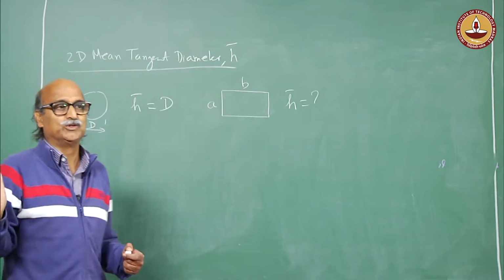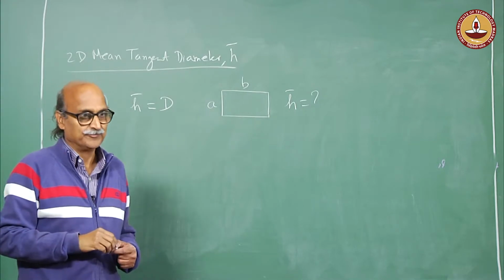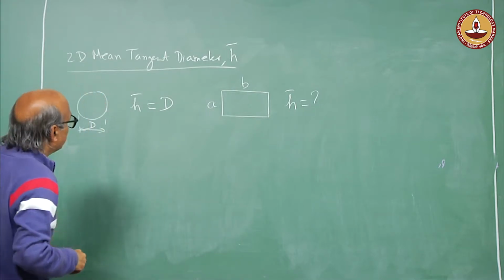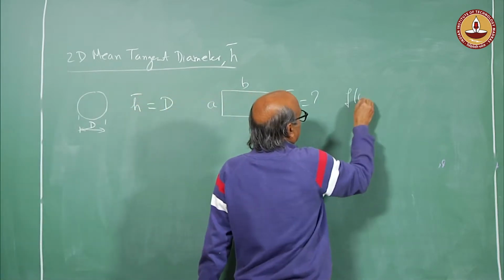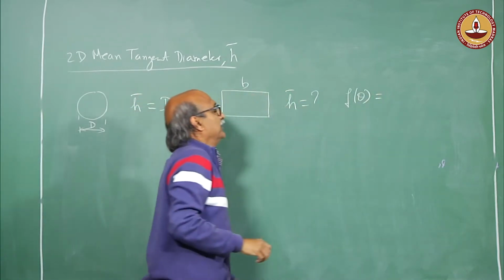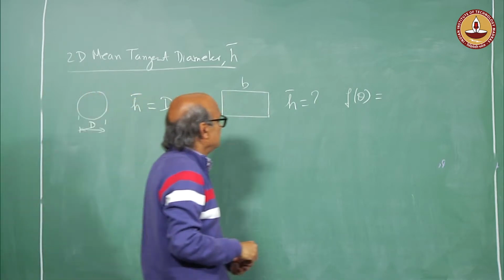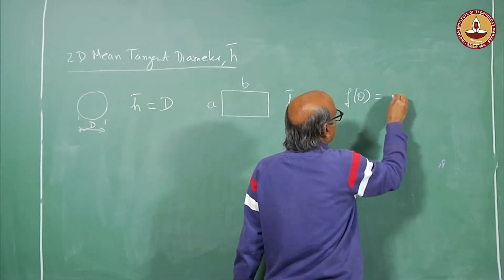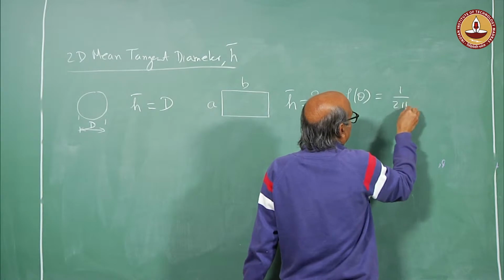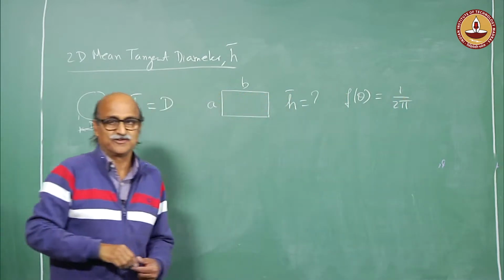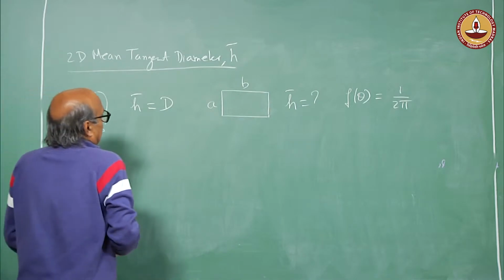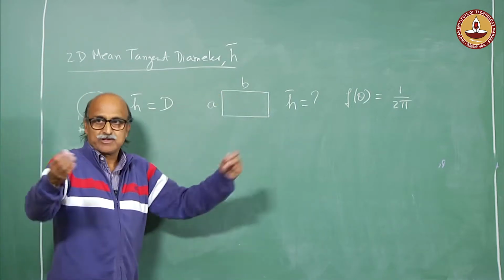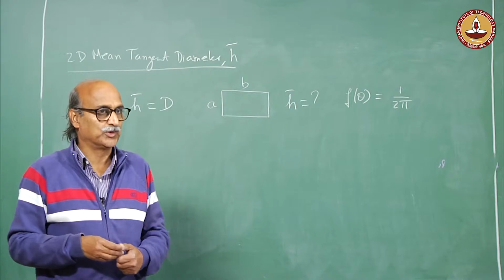Here we will have to do that full integration. Remember, in the 2D case, the density function for the orientation defined as f theta is the uniform density function given by 1 upon 2 pi. So, let me put this object in a coordinate system to understand this.